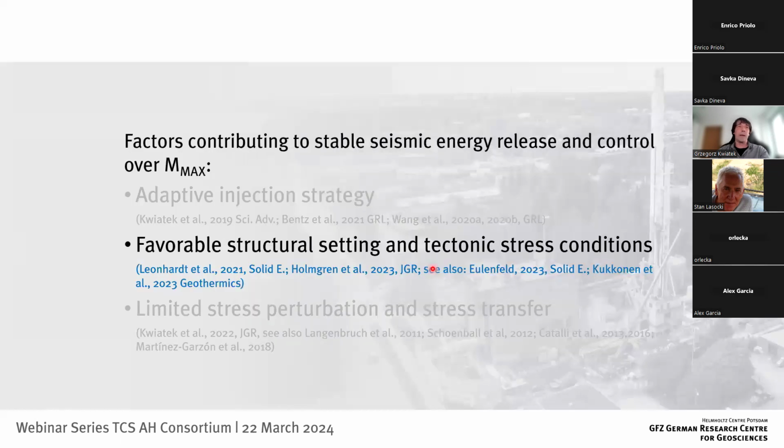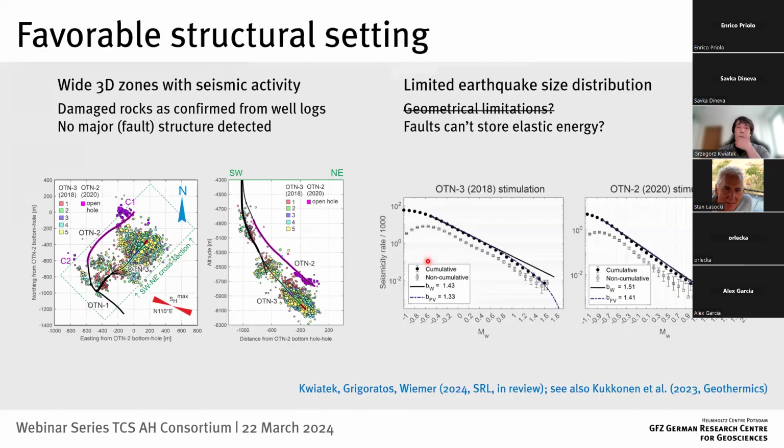Regarding favorable structural settings and tectonic stress conditions, what we found is that, first of all, you can see it already from the distribution of the seismicity, that the hypocenters and their precision provide no evidence whatsoever for alignment of the seismicity along any larger structure.